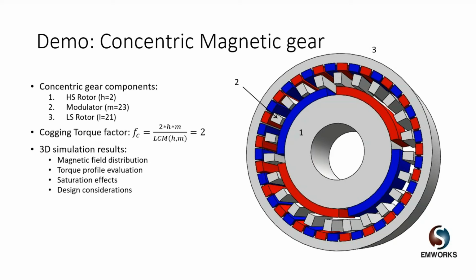This is even more true for magnetic gears, because they have 2 air gaps and strong magnets on both sides pushing the flux against each other.